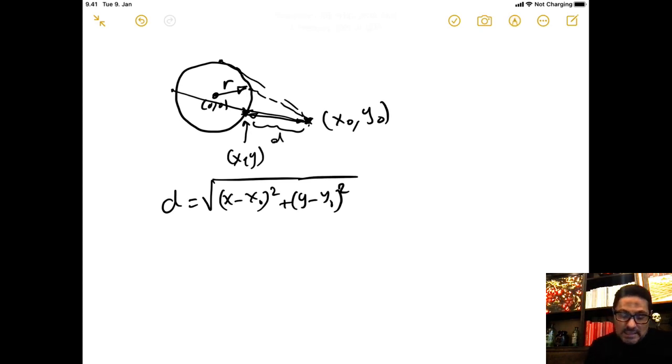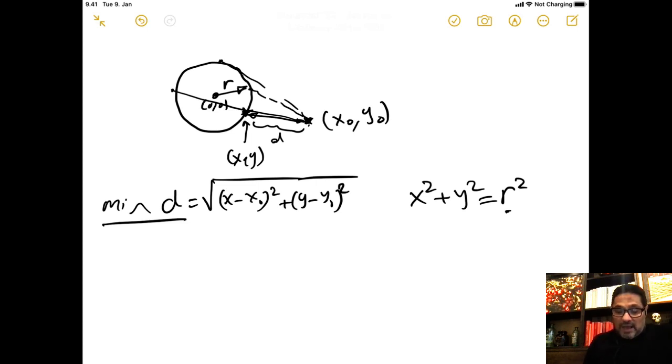Okay, and of course this point should be on the surface of this circle, which means that we want to minimize this distance d, but we want the point to be on the circle. The equation of the circle, as it is at the origin, will be x squared plus y squared equal to r squared, where r is the radius of the circle.